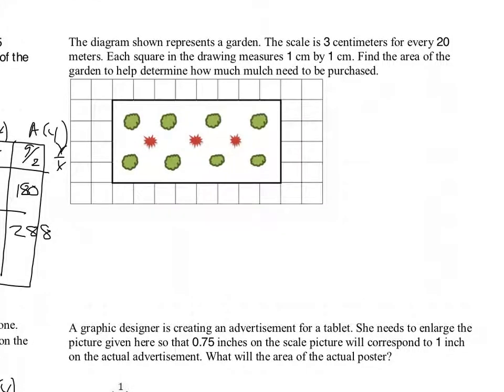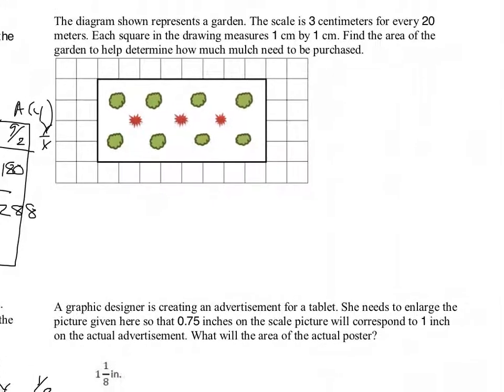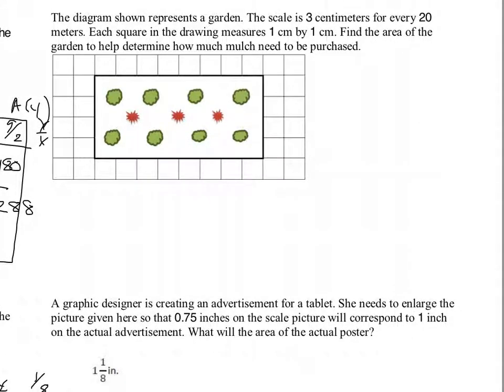Alright, the next one, we're given this diagram. We want to find the area of the garden, so we need to find the length and the width first. So we have currently that it is 4 centimeters by 8 centimeters.